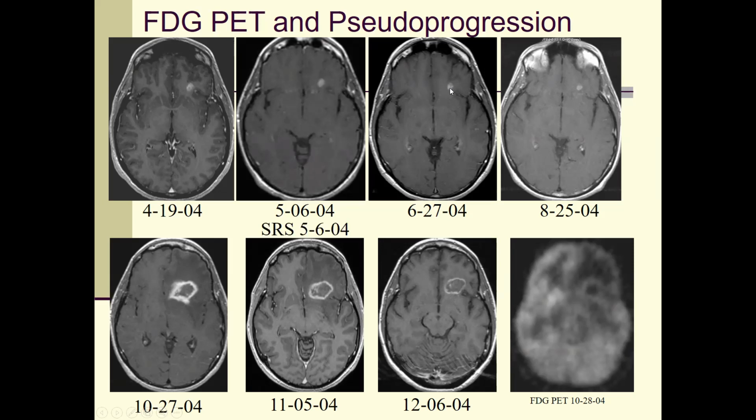After this the size keeps decreasing, and then all of a sudden, a couple of months later, it exploded and has different features, and a big necrotic mass is formed with a lot of edema. Then it slowly decreases in the amount of enhancement. So this is a radiation necrosis.